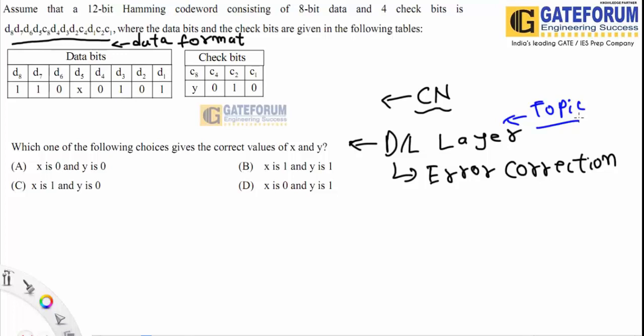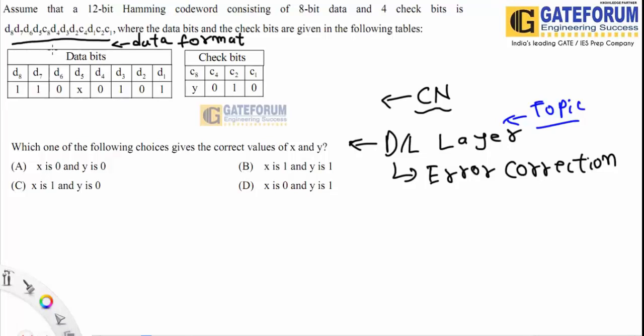Now they have given you certain data bits and certain check bits, and this is the format being given to you. Based on this format, we need to calculate the value of x and y.